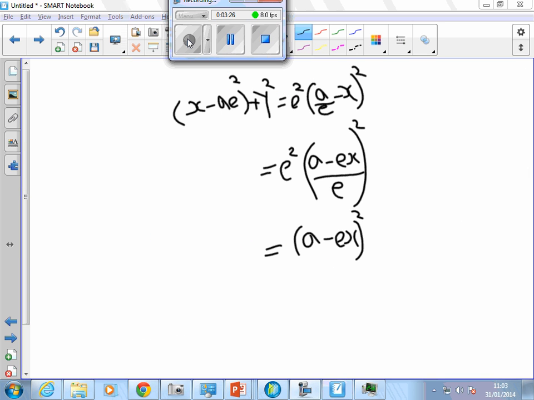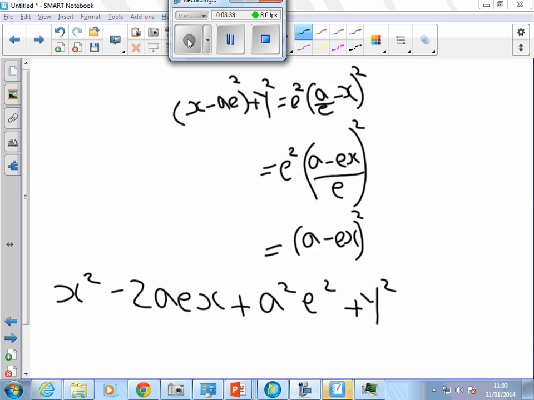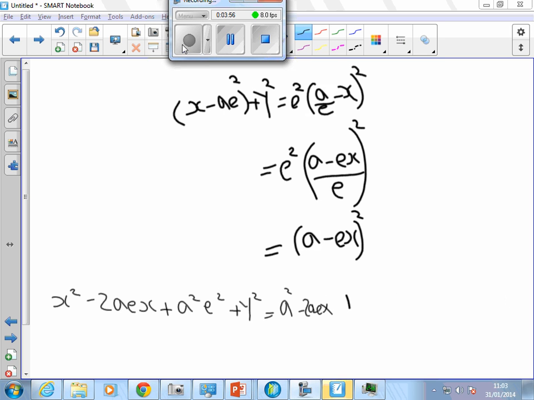Let me just expand the bracket on the left hand side. So it's x squared minus 2AEX plus A squared E squared plus y squared is equal to A squared minus 2AEX plus E squared X squared.